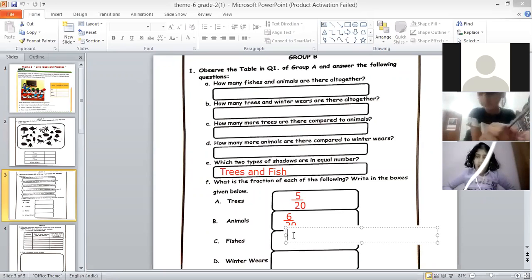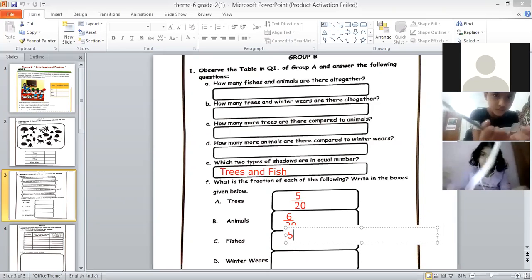So we have to write the fraction for fish. So what we will write first? How many fish are there? Five fish. Not fishes, fish. Fishes is wrong. It's a printing mistake. So we will write 5 first.